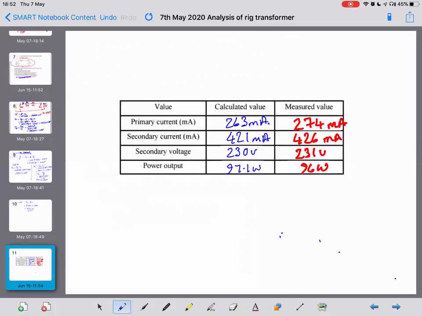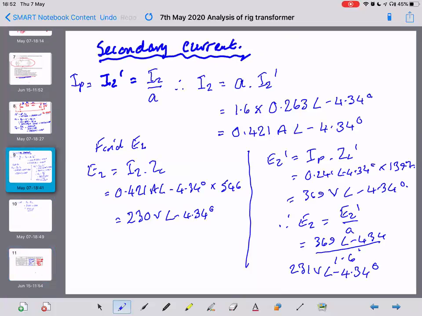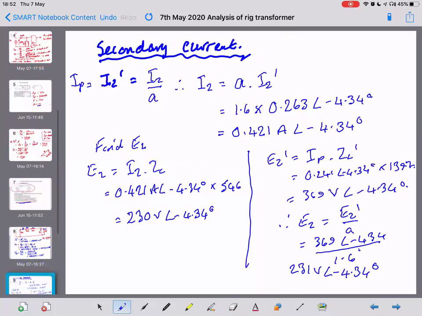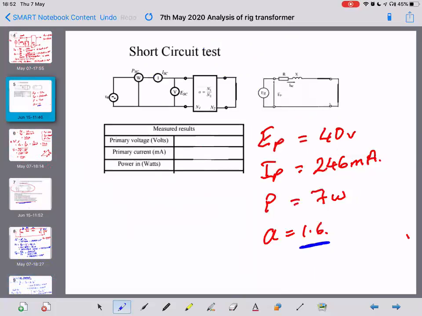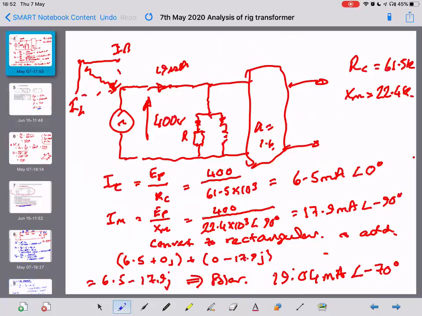One other thing to note is the difference in phase angle. On load, we got a phase angle of 4.34 degrees. When we were off load, that angle was 70 degrees.